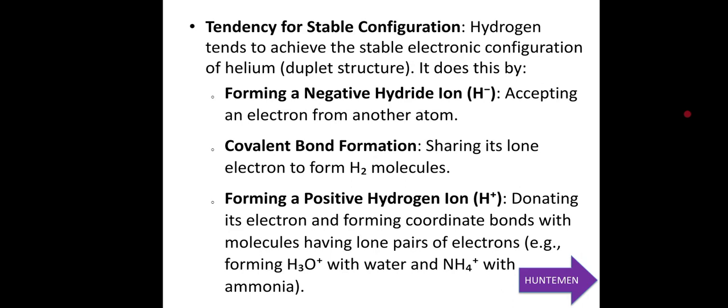Forming a negative hydride ion by accepting an electron from another atom. All halogens form negatively charged ions by accepting an electron. The same thing is applicable to hydrogen. When it accepts an electron, it becomes a negatively charged ion.